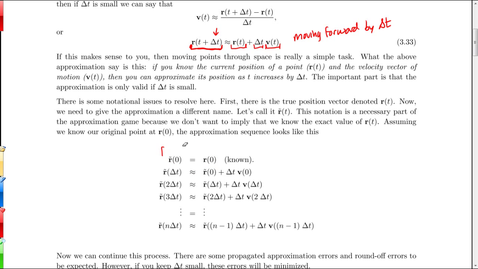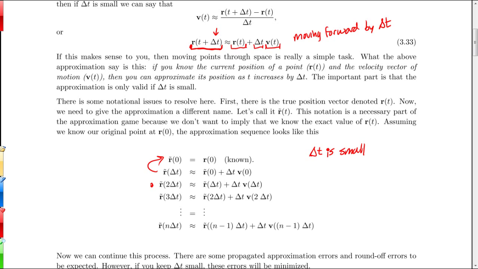But then at the next time, delta t, and I'm going to make sure that delta t is small, that was critical, my approximate position at this next time step is going to be where I was at the current time, which is time 0, plus delta t times my velocity at time 0. So I'm getting r of delta t just from stuff that I already have up here at 0.